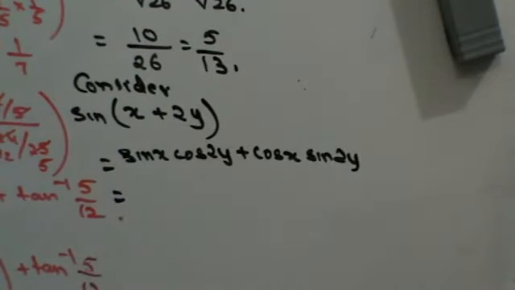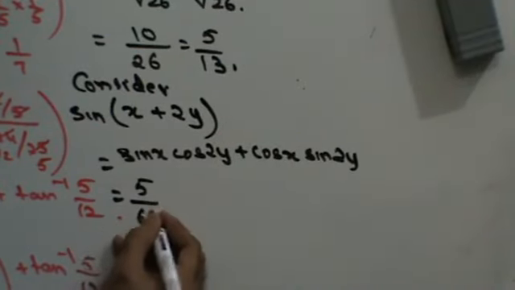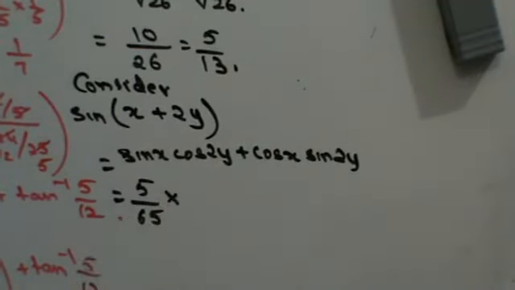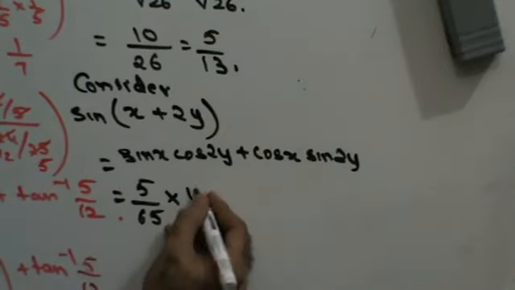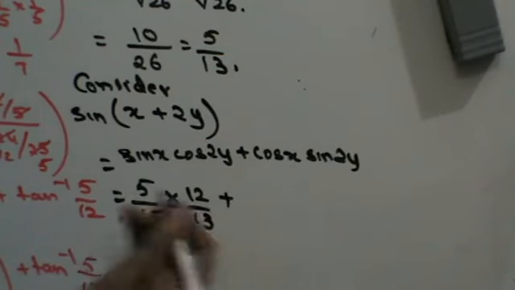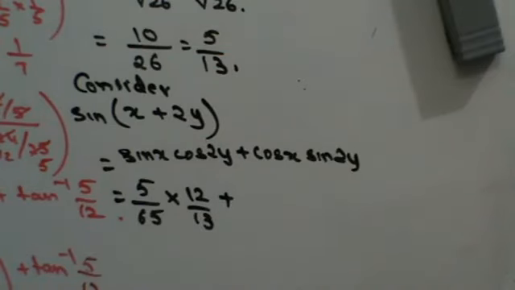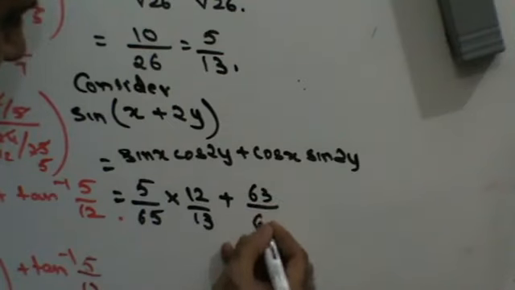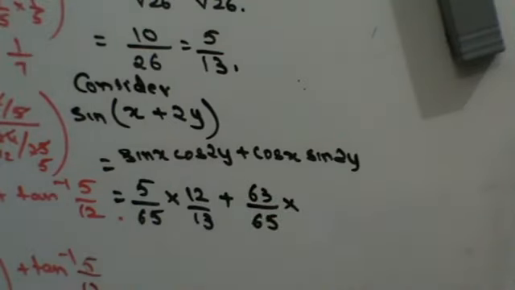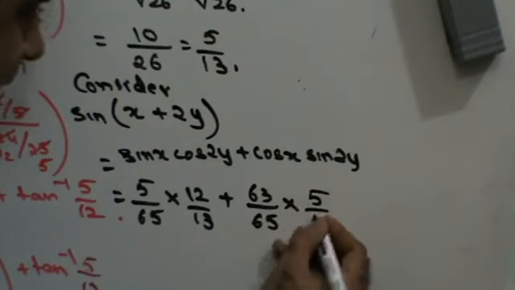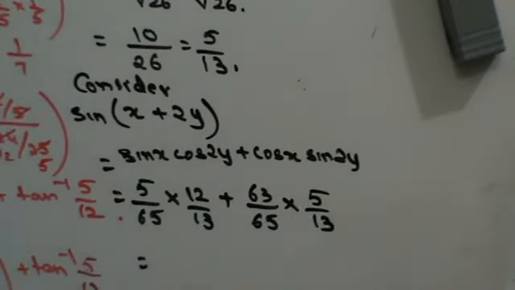Sine x. Sine x is going to be nothing but 5 by 65 into cos 2y. Cos 2y we've already found out as 12 by 13. Cos x. Cos x is going to be 63 by 65. Sin 2y we found out as 5 by 13. Right?